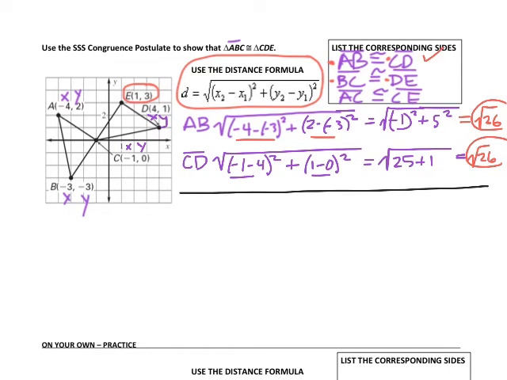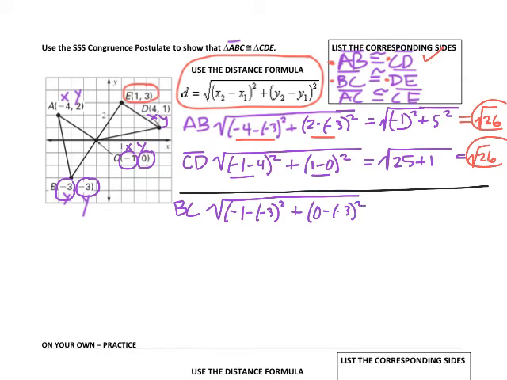So we have to do that two more times now so that we can find the other two sides that are congruent. So for BC, the x and y values, -3 and -3, that's for B, and then for C we have -1 and 0. So let's write this out: -1 minus -3, and we have to square that, plus 0 minus -3.